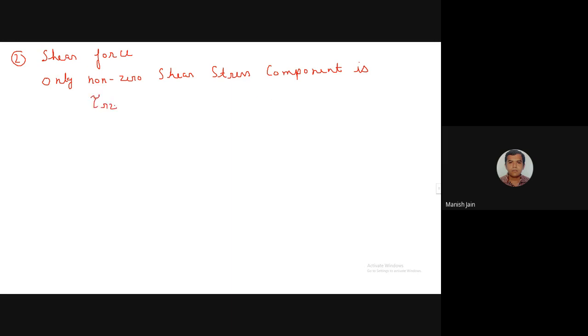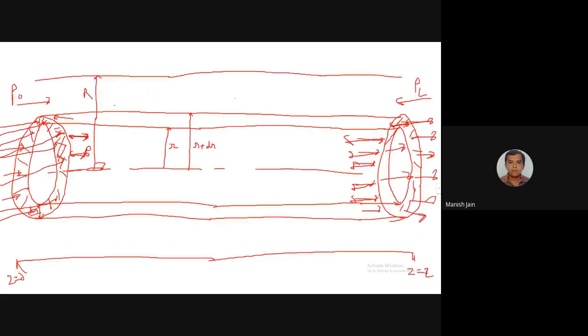At which surface is it applied? Because the fluid is flowing in this direction, friction is applied at this surface and at this surface, at the top and at the bottom, on the system.